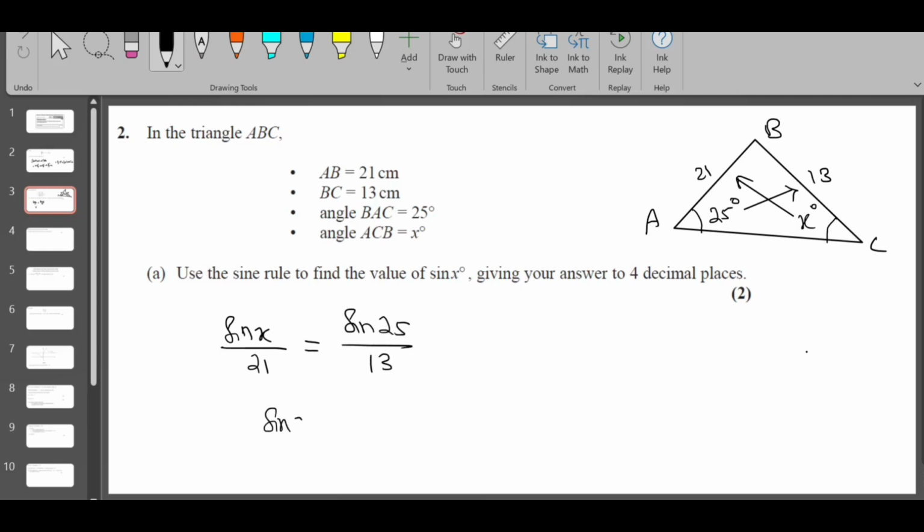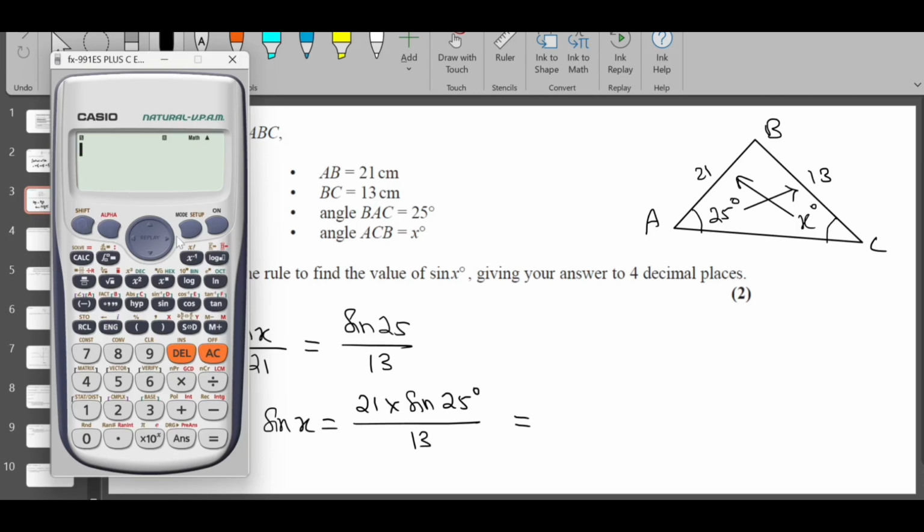So sine x is 21 times sine 25 degree over 13. They want the answer to 4 decimal place. Make sure your calculator is in degree mode.